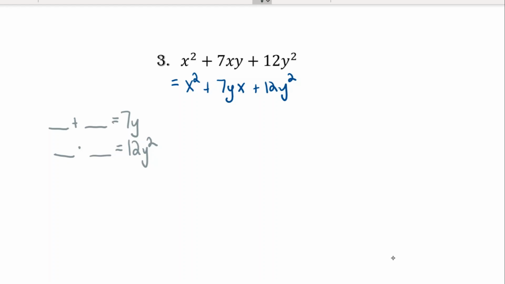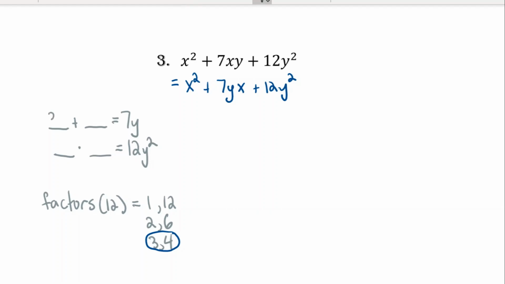So if you want some help, you can just ignore the y for a second, just focus on the 12. Find the factors of 12, and those are 1, 12, 2, 6, 3, 4. So you can imagine 3 and 4 are going to be able to be added together to get 7. So you need to be careful though.